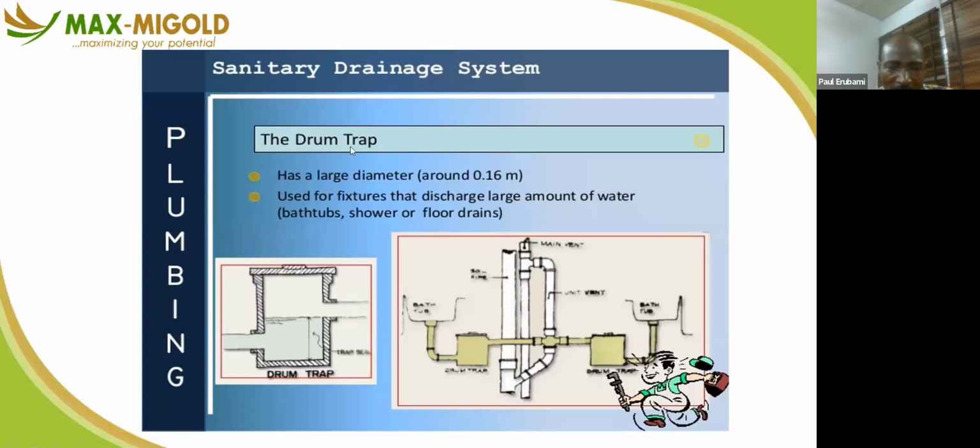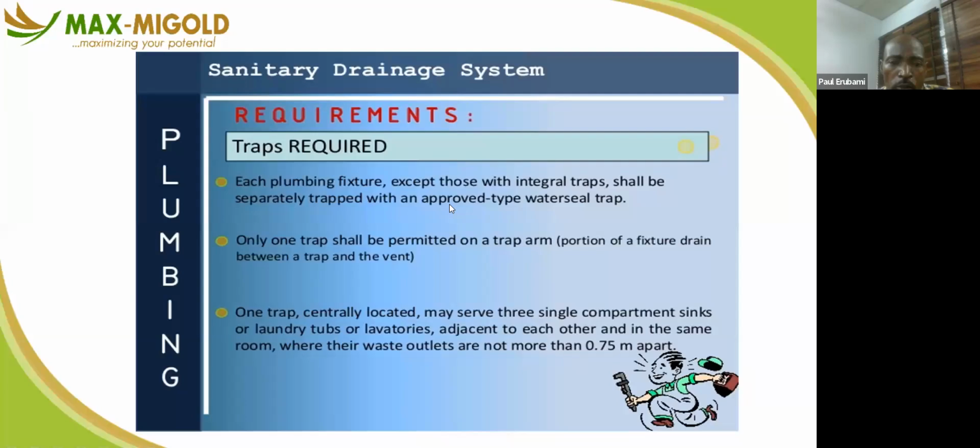So this is another type of what? Trap. This is a drum trap. So what are the trap requirements? Each plumbing fixture, except those with an integral trap, shall be separately trapped with an approved type water seal trap. What they are trying to tell you is that in a situation whereby you have 2 or 3 urinals in the same line, instead of using one single trap for the 3 of them, it is recommended that each of them should have their own trap.